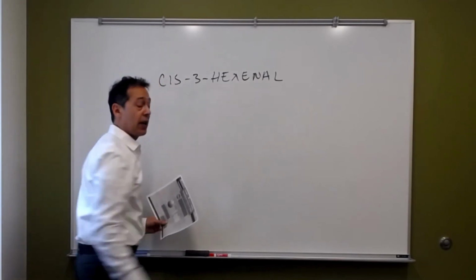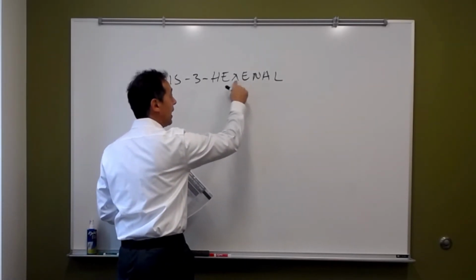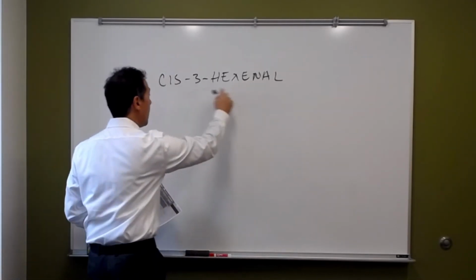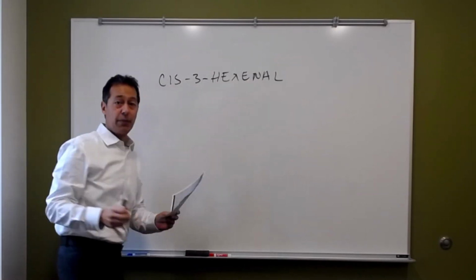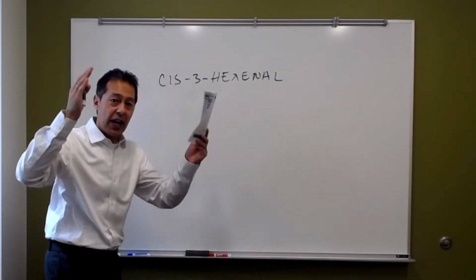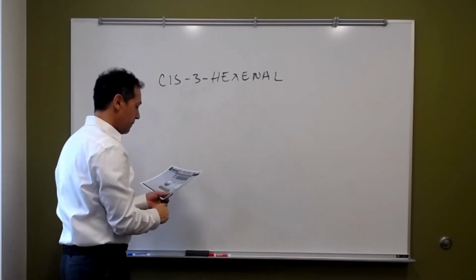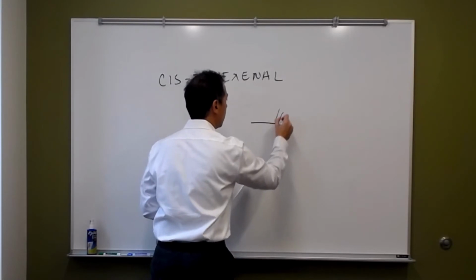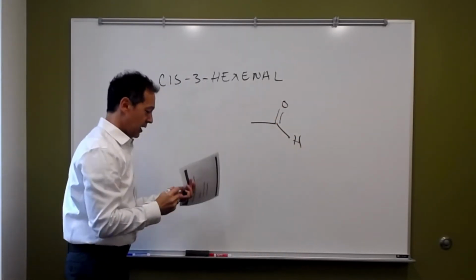Hexan means there's 6 carbons, and then the En, hexen, means that there's a double bond. And that double bond is off of the 3rd carbon, and it's a cis. That means that the carbons are on the same side of the double bond. So I'm going to draw this one out here. I'm going to go like this and put my aldehyde here. Here's my aldehyde and my carbons.